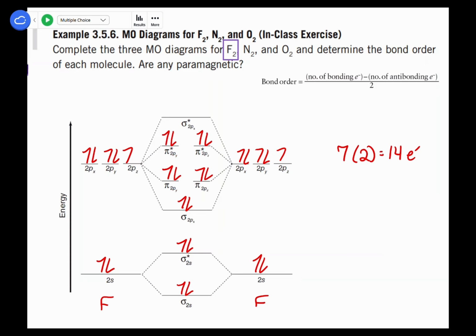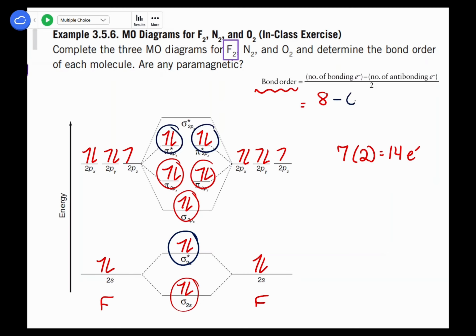Now let's calculate the bond order for fluorine. The number of electrons in bonding orbitals would be 2, 4, 6, 8 electrons. The number of electrons in antibonding orbitals, 2, 4, 6.